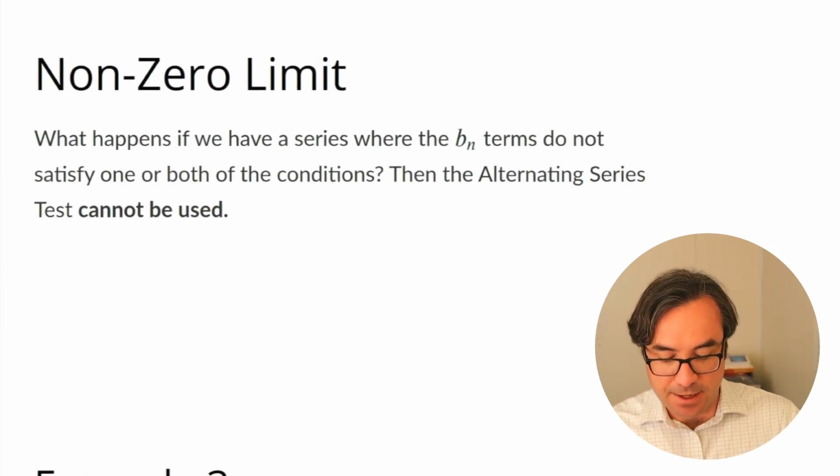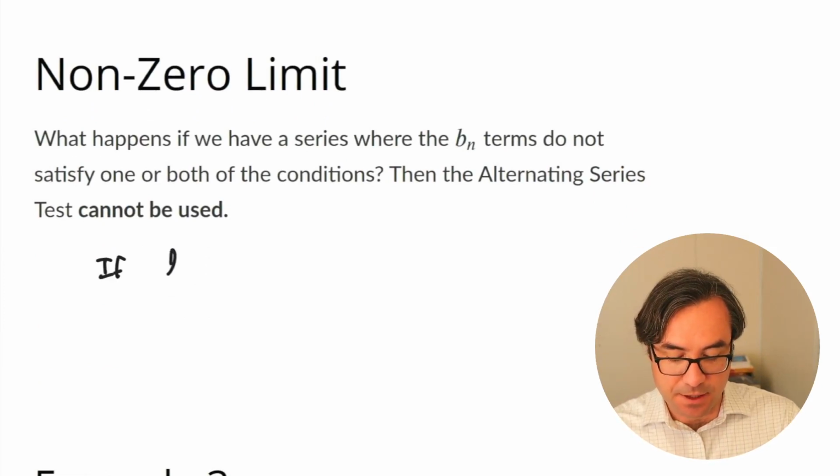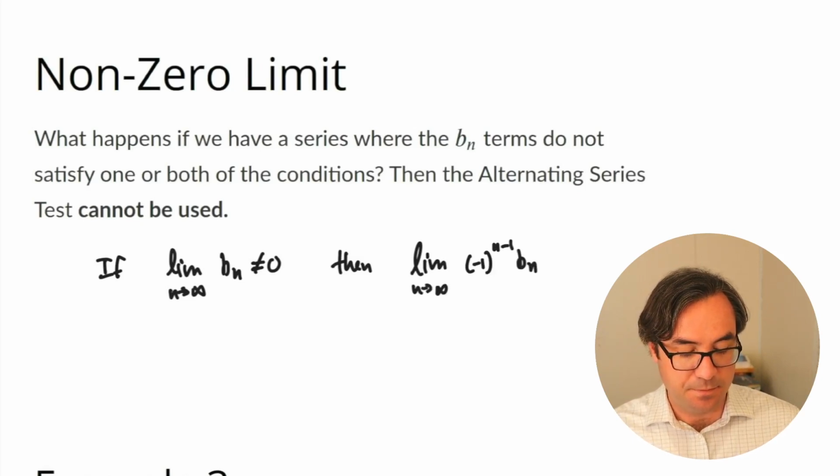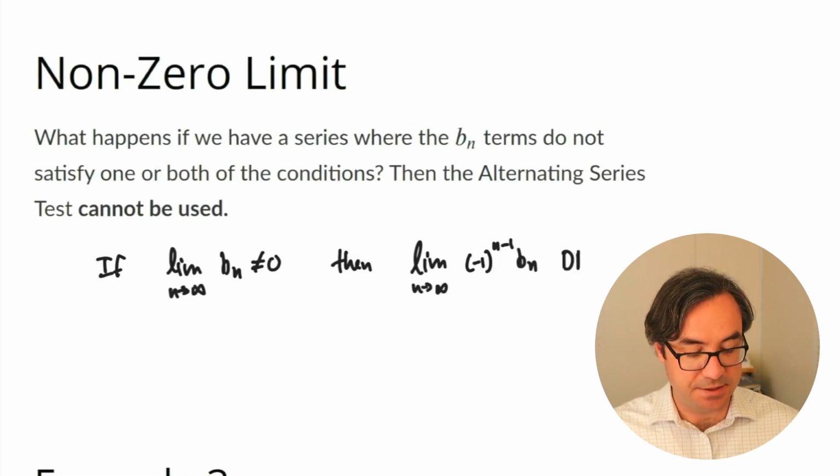So if the limit of Bn does not equal 0 as n goes to infinity, then the limit, if we include that alternating piece in there, does not exist.